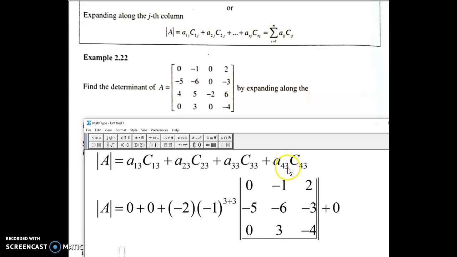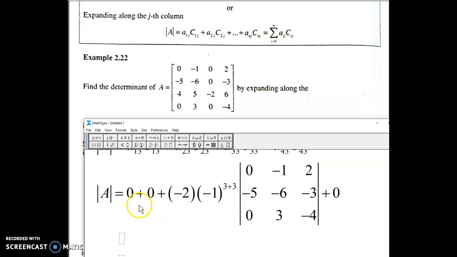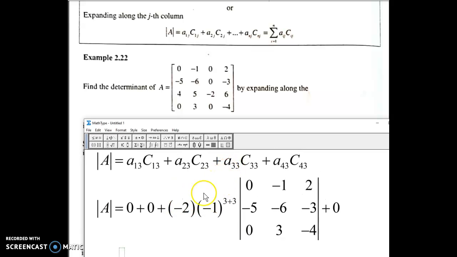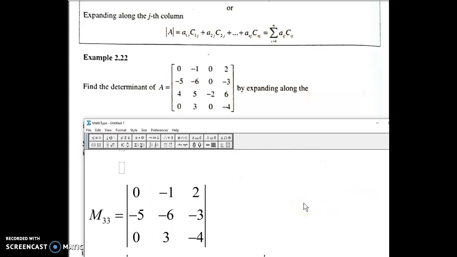As for A43 C43, it is 0, so I just put 0. So for this one, I just need to consider calculating A33 alone, because everything else is 0. So let's proceed with that.